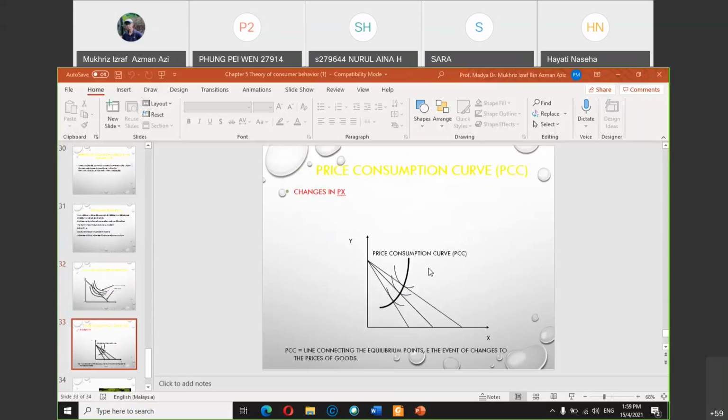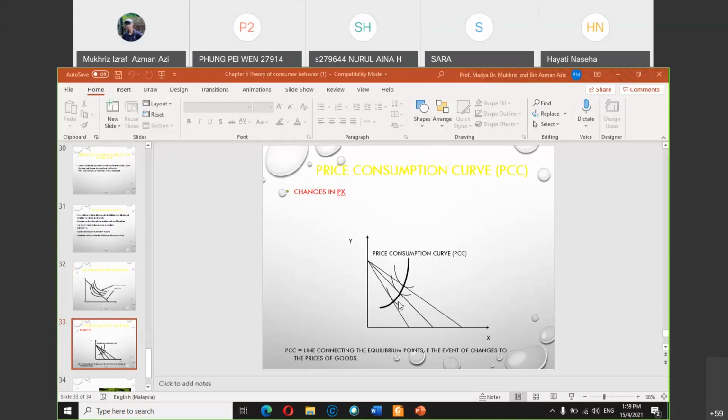So changes in the price of X. You can see in your budget line here, only the price of X changes. The point on Y remains the same. Only the budget line changes on the X axis. Whenever you change your budget line, you will have a different indifference curve.